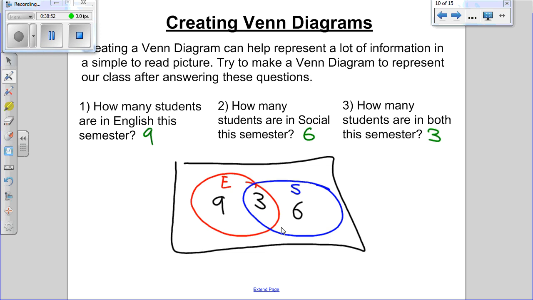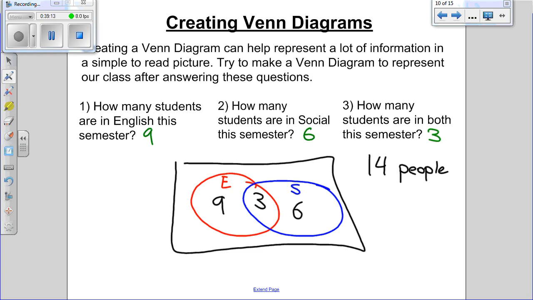If you look at our Venn diagram, how many people are in the class? More than 14. This would say that there's 18 people in the class. If you see something like that, that's how you know that you did not do your Venn diagram properly.